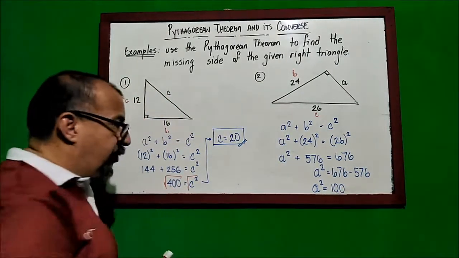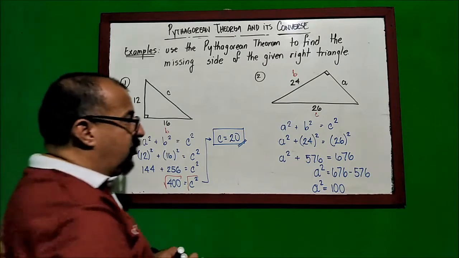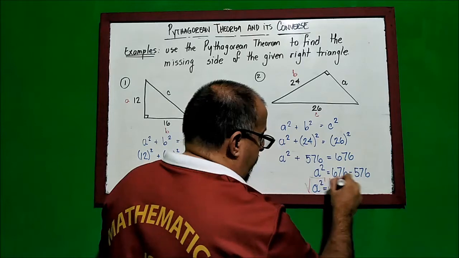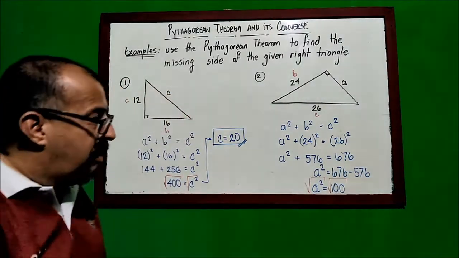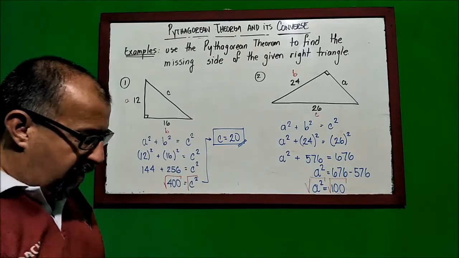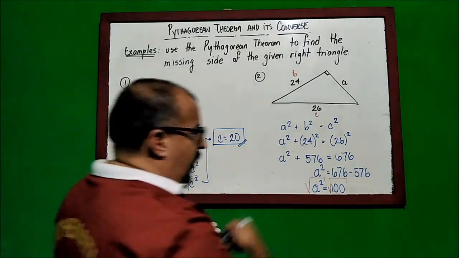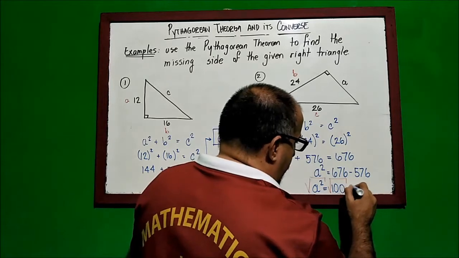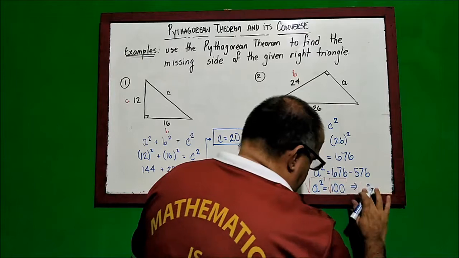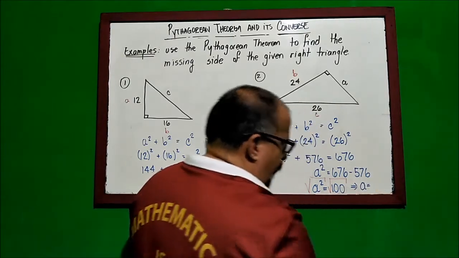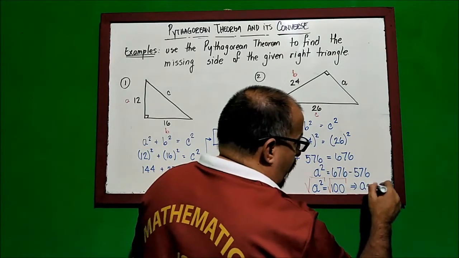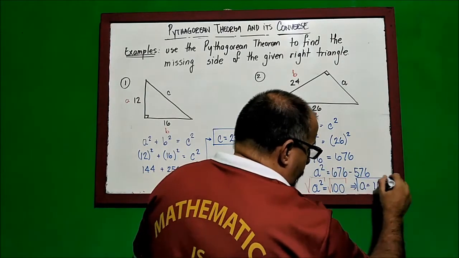Again, as we did in the previous exercise, we apply the square root on both sides of the equation, and we only keep track of the positive answer because I don't want negative values as the measurements of triangles. Therefore, the answer to this problem will be A equals the square root of 100, which will be positive 10.